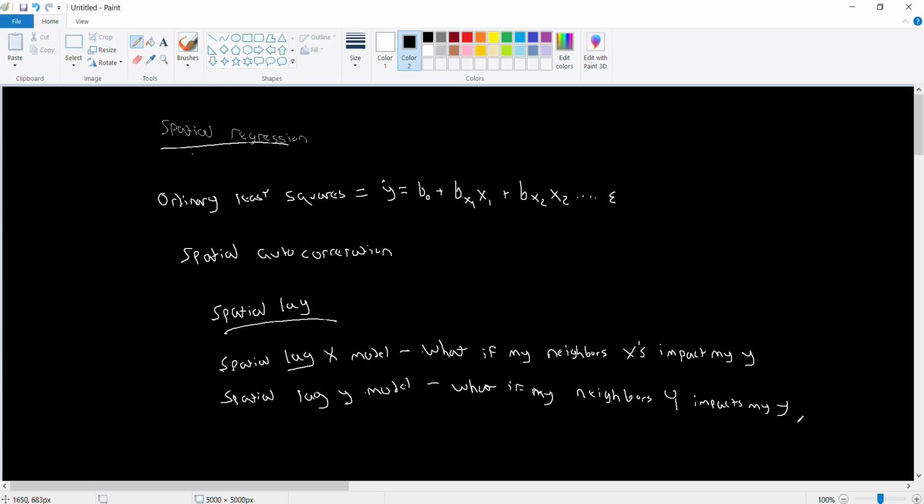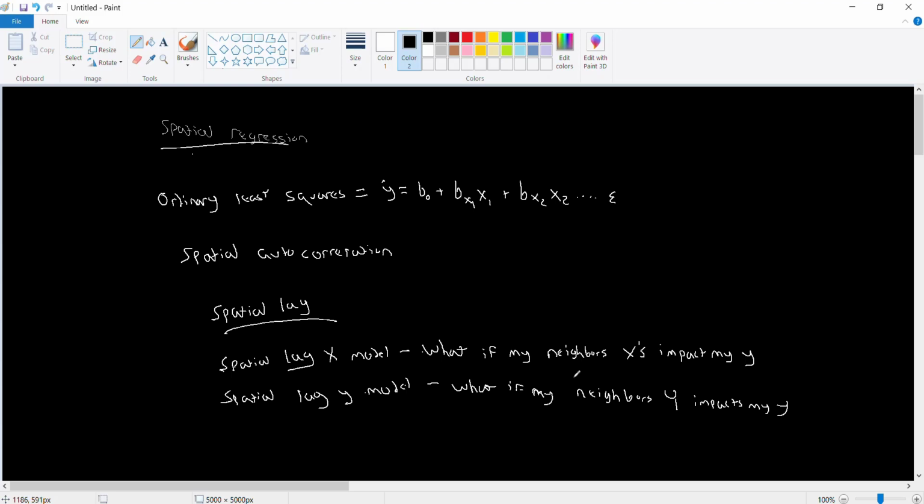If we were to talk about smoking, for example, you might have all of these variables that might predict smoking. But what if, in addition to all of those things, simply knowing the smoking rate of the neighboring polygon would also impact it? If there's a high smoking rate in the neighboring polygon, is that going to give an indication of what's happening in my polygon? So spatially lagged x models the x's, spatially lagged y models the y.